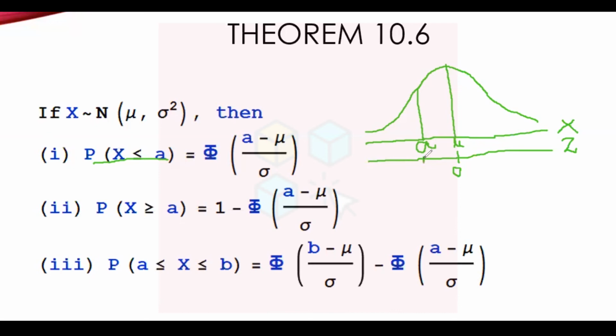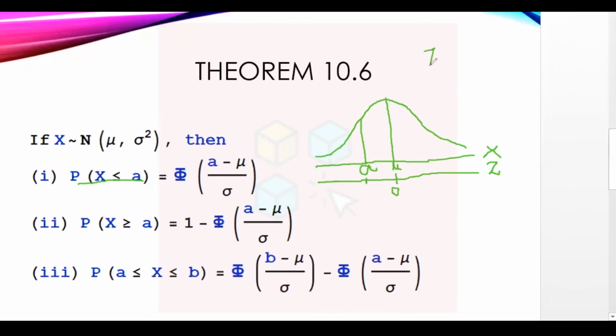This value is called the z score by the formula z equals x minus mu over sigma. Z is our standardized variable.